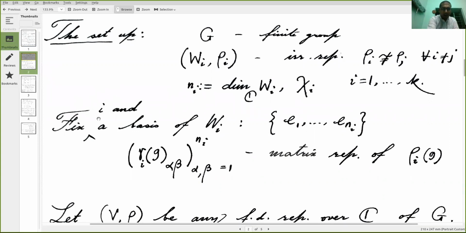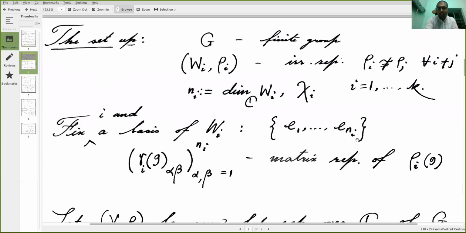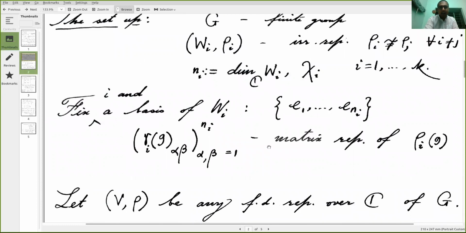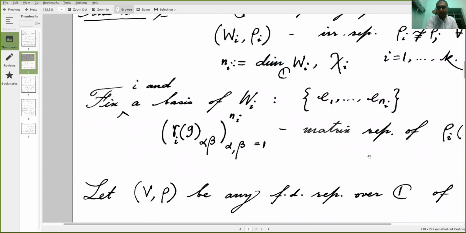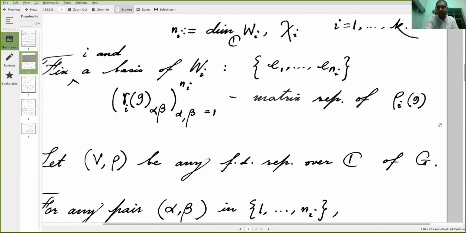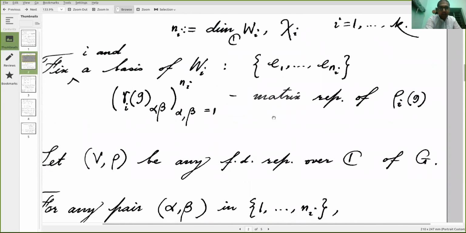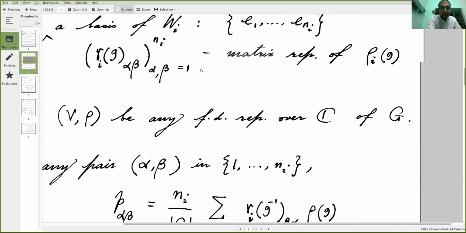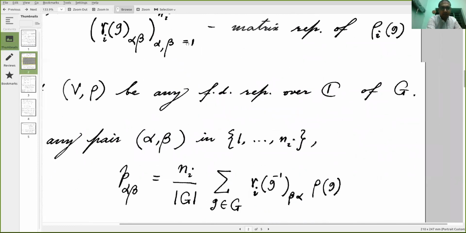Now for each i, we fix a basis e1 to e_Ni of Wi, and as soon as we fix a basis, we can write down the matrices of the linear operators.